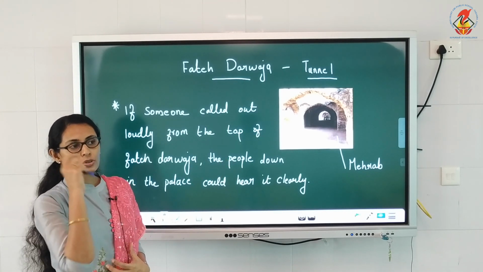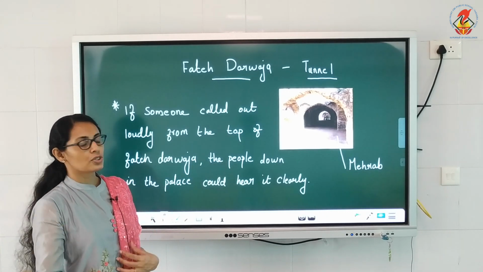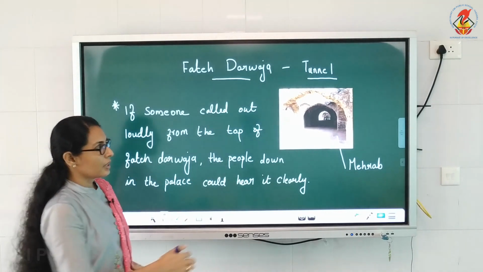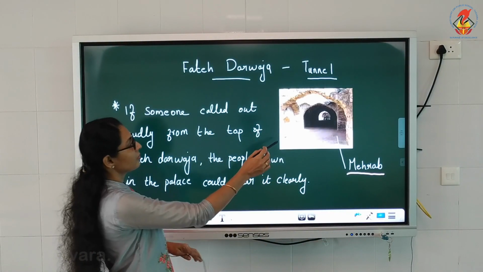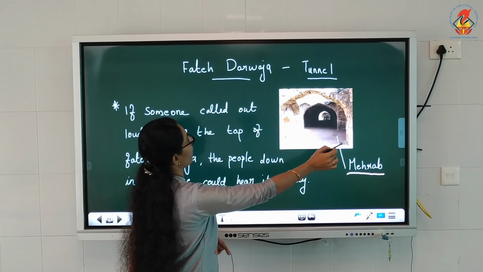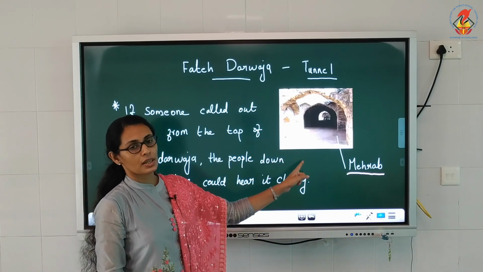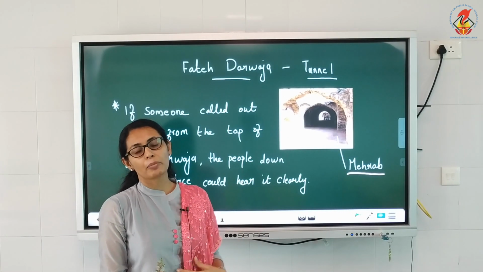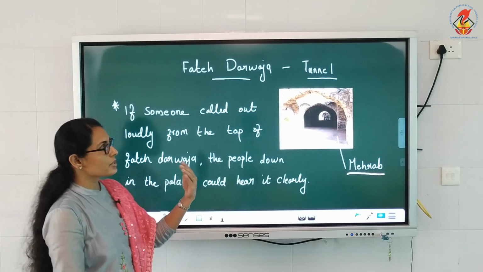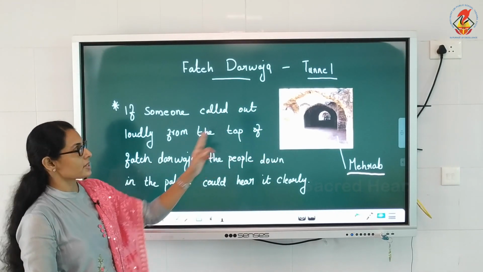So through the tunnel the voice passes and reaches the people below. This area is known as Mahrab, it's a tunnel, and this door is known as Fateh Darwaza. Through this Fateh Darwaza, the kings communicated with the local people.